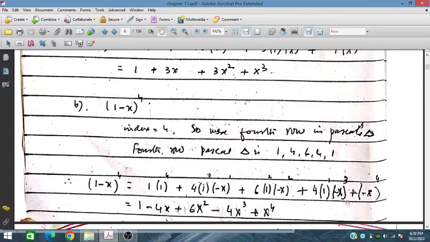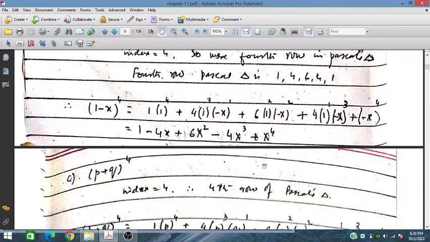Here we write a power 4, a power 3 b power 1, then 6 with a power 2 and b squared, a power 1 and b cubed, and similarly for the last one, b power 4. Here b is minus x, so everywhere b is given as minus x. So we put minus x in place of b and get the result.